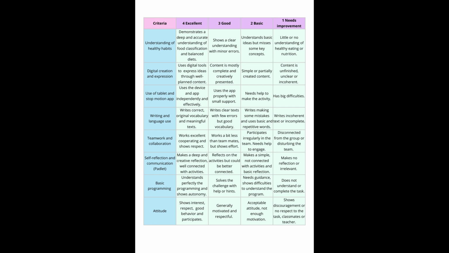So, as you can see, I established the following objectives: understanding of healthy habits, digital creation and expression, use of tablet and stop-motion app, writing and language use, teamwork and collaboration, self-reflection and communication, basic programming, and attitude.